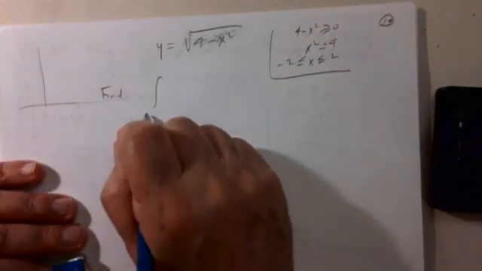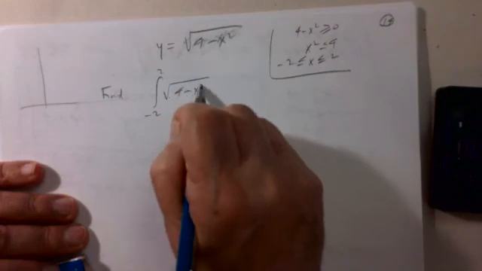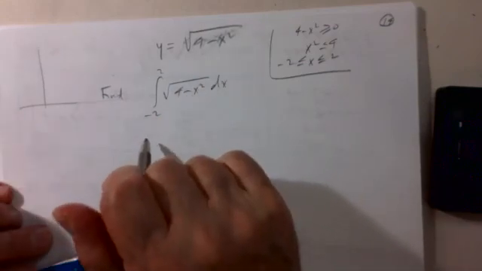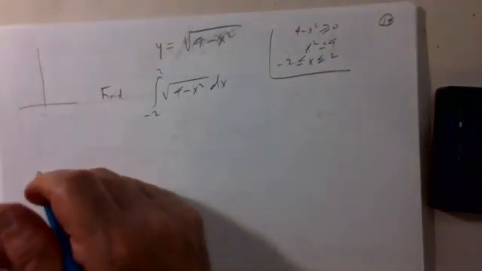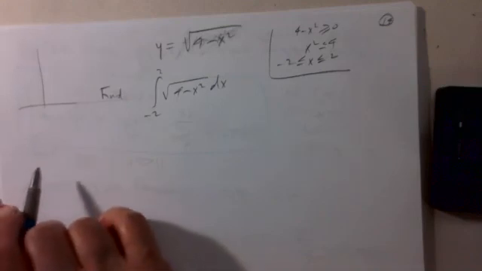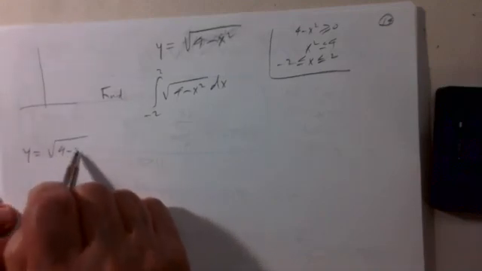So suppose I wanted to integrate this function from minus 2 to 2. What is this integral? Well, we have to be a little bit sneaky, if you like. Suppose I let y equal the square root of 4 minus x squared.